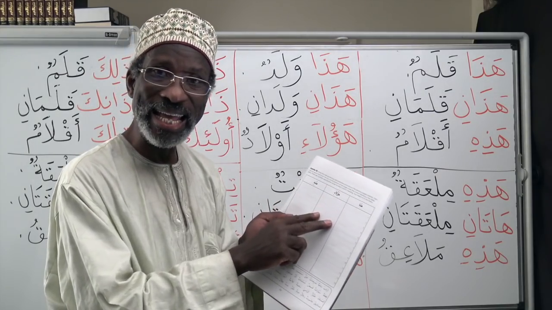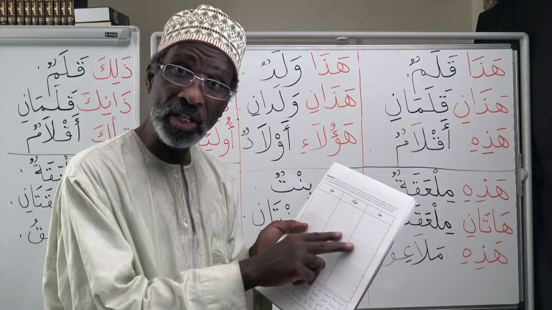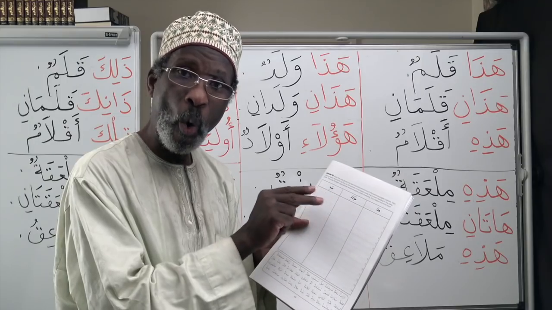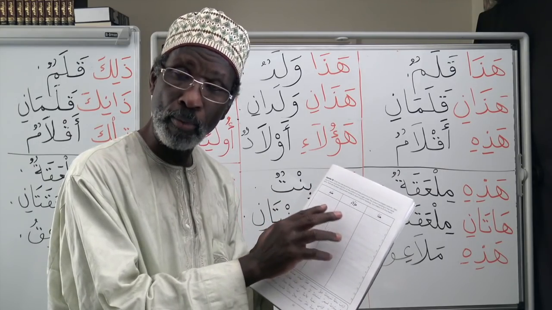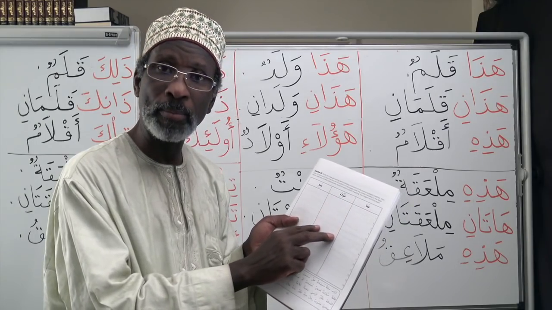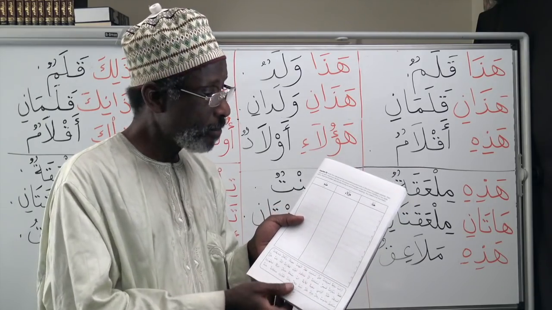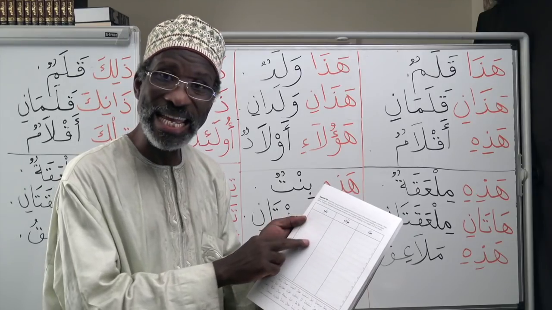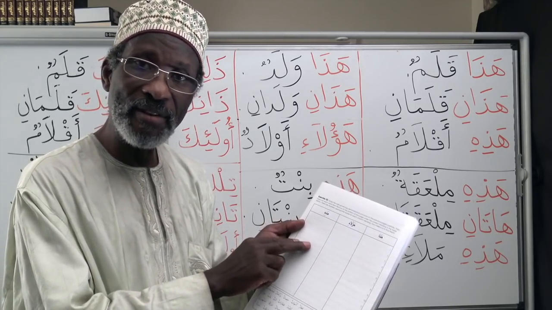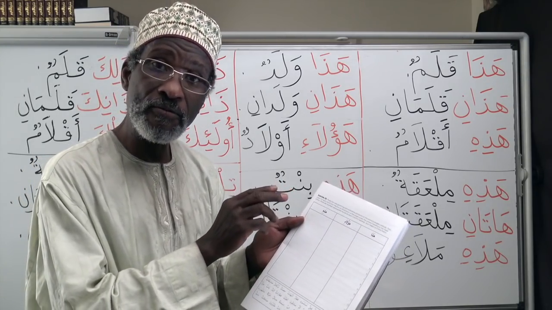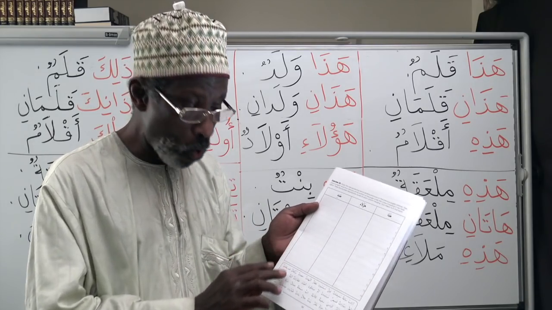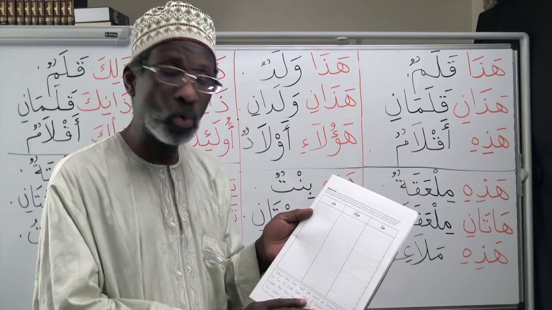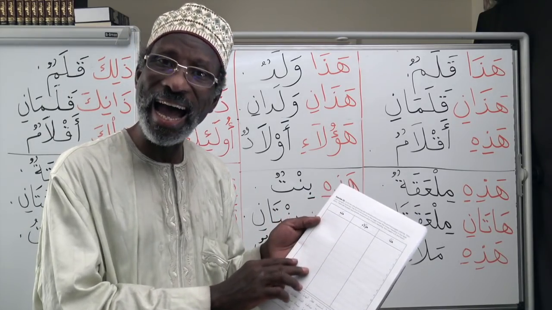Under هؤلاء, this means these, only human three or more in a plural will come under this column. But under هذه, you collect everything which is singular feminine, as well as all non-human plural. They will come under هذه.